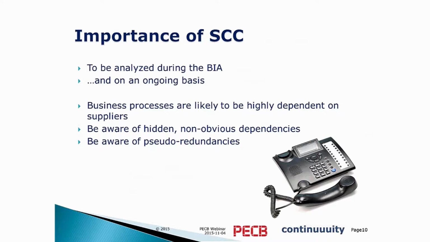Okay, so what about the importance of the supply chain continuity? Well, underlining again, it has to be analyzed during the BIA and on an ongoing basis. So the BIA, business impact analysis, is the first prescribed waypoint where you have to have a look at your suppliers.